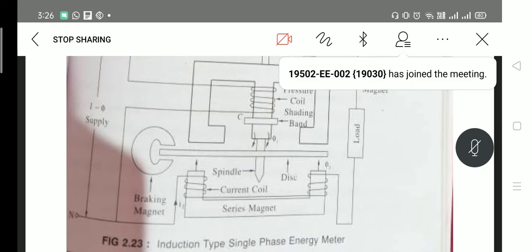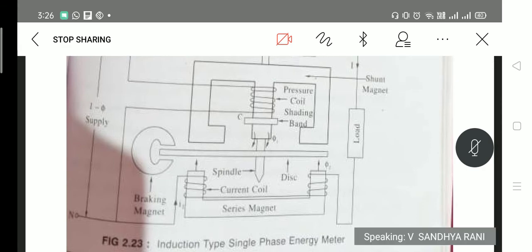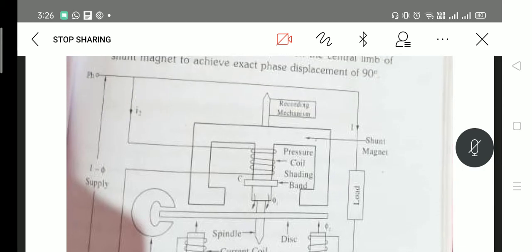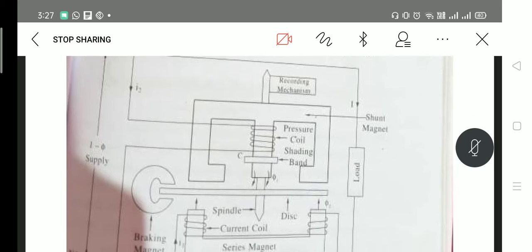We can register the revolutions, the speed of the aluminum disc, with the registering mechanism by using the spindle. Whenever the aluminum disc rotates, the spindle also rotates, and the registering mechanism connected to the spindle records that value and displays it in the meter.